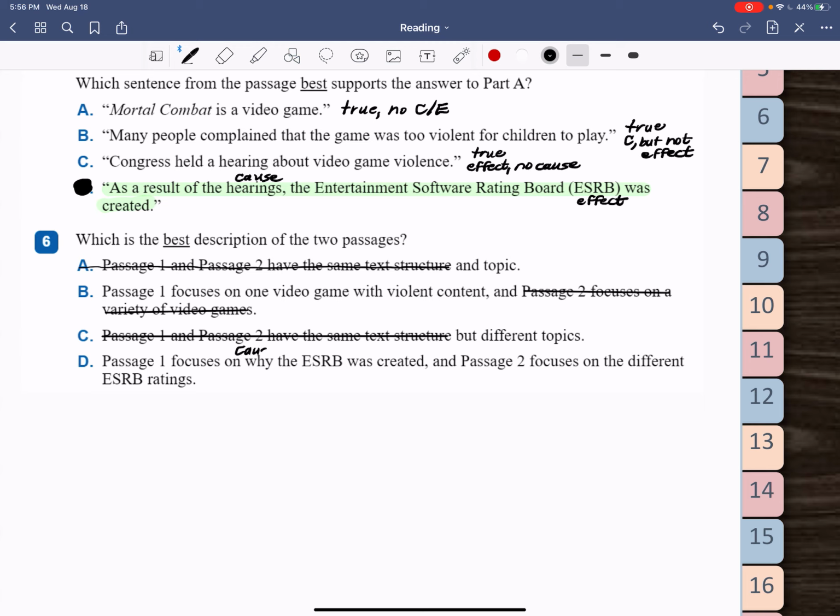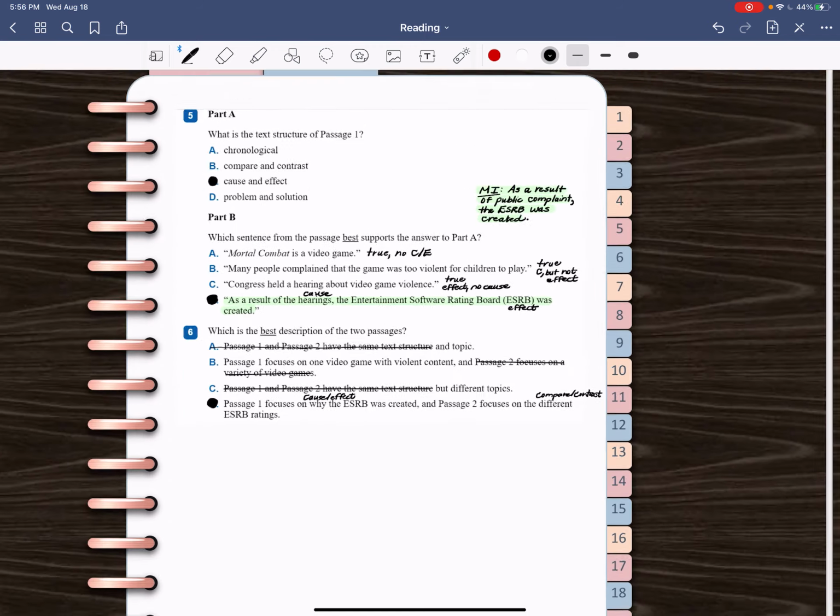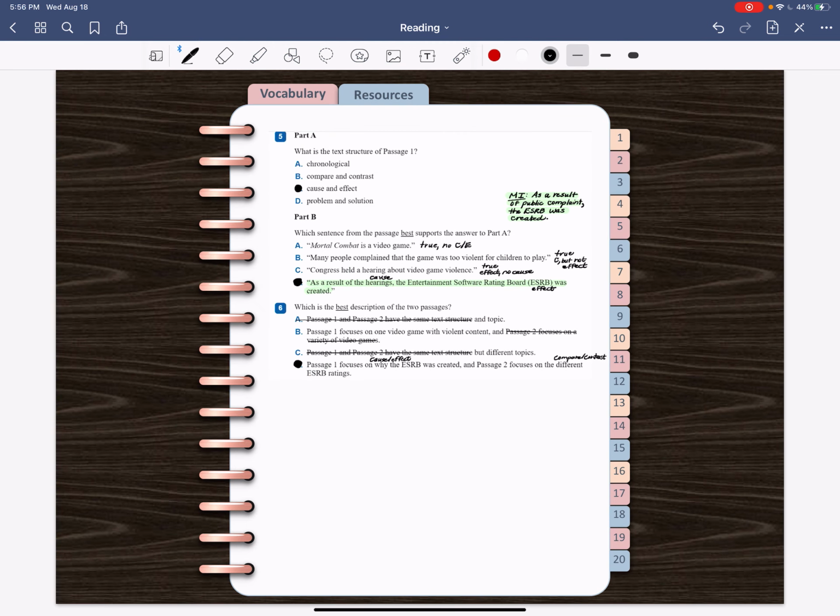What caused it? And Passage 2 focuses on the different, that's compare-contrast, ratings. This is the one we want. The structures are different, and this one is the one that explains that correctly.